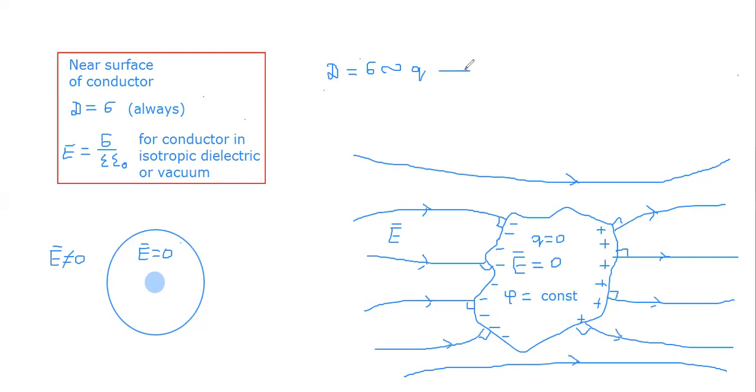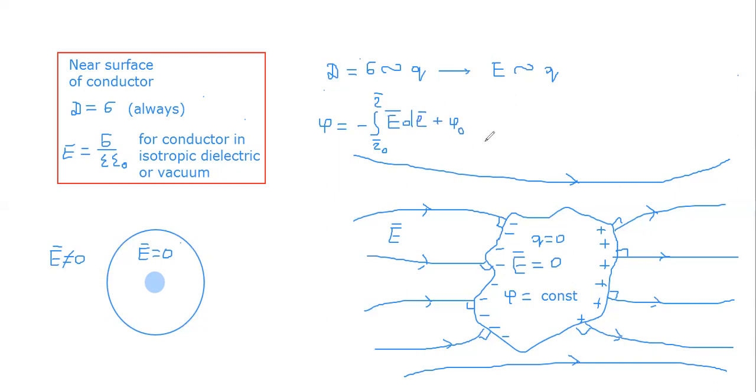And it means that electric field intensity is proportional to charge on the surface, and we know that electric potential is equal to minus integral from R0 to R of E dl plus phi 0.